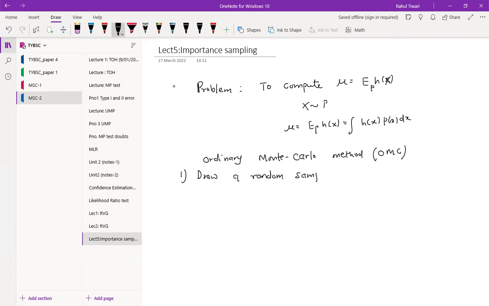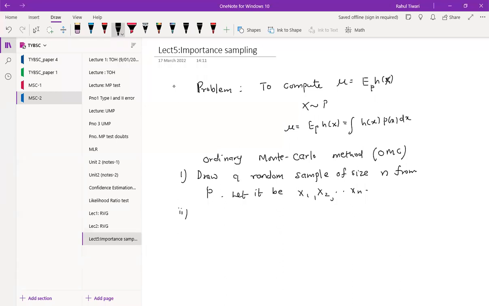First we draw a random sample of size n from P. We draw a random sample of size n from the given probability, and let it be, let's say, x1, x2, up to xn. These are my sample values.